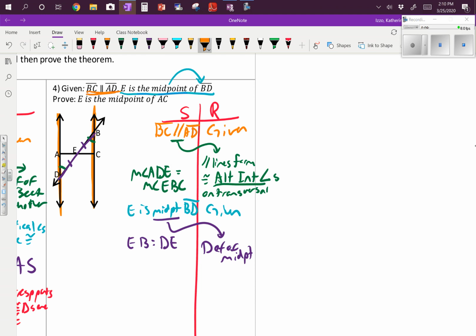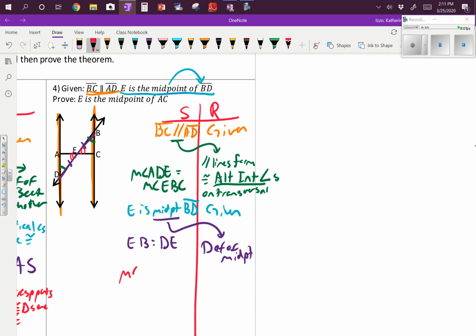It doesn't really matter which way you go. I'm going to go with the vertical angles because they are near and dear to my heart, but you could do a second transversal here, in which case the angles at A and C would also be congruent by alternate interior angles. I prefer to go for these vertical angles right here.